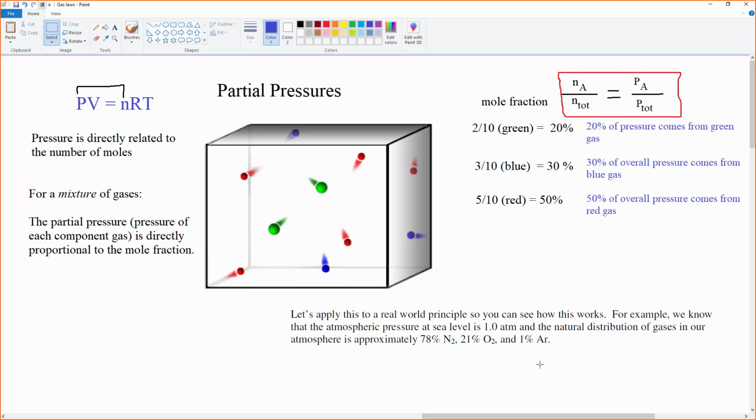These are mole percentages, so we can tell that of the total 1 atmosphere being exerted, 78% is coming from nitrogen, 21% is coming from oxygen, and 1% is coming from argon. Does that make sense?